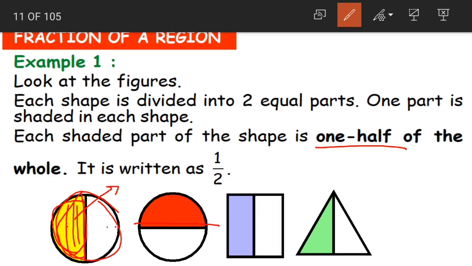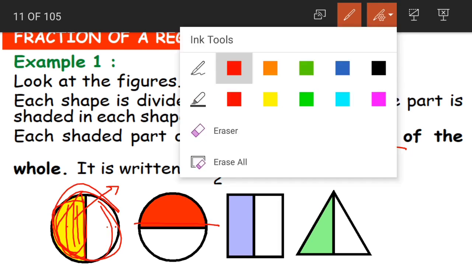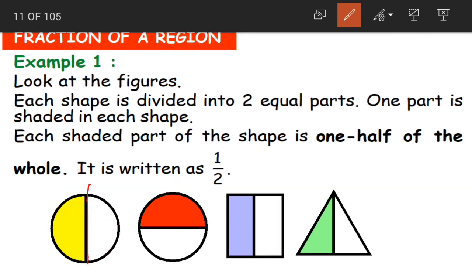Again here, see the same circle, even though we are dividing it vertically or horizontally, the shaded part is called our one half. Why are we calling it one half? Because it is divided into two equal parts. If it was not divided into equal parts, we cannot call it one half.